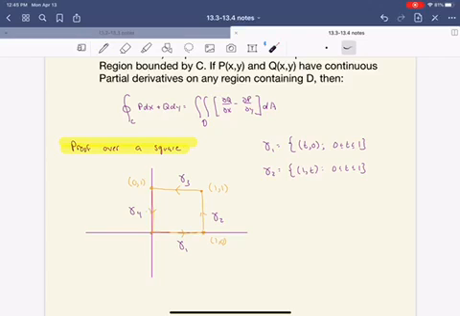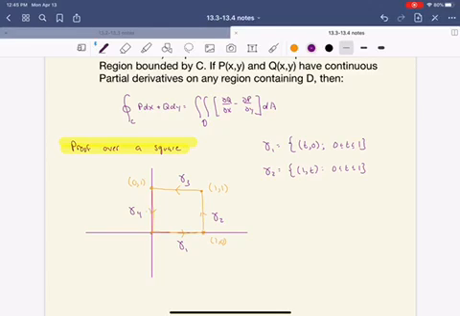So think about what's going on here. If you move from here to here, you're moving along this curve, and your x is just going to be t, and your y is not moving at all, it's on y equals 0. Here, your y goes from 0 to 1, so y is t, but your x is just stuck at 1.